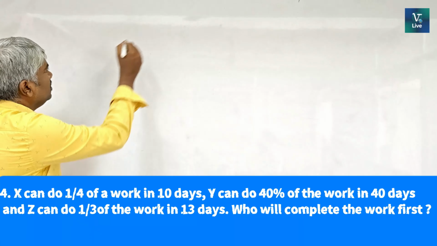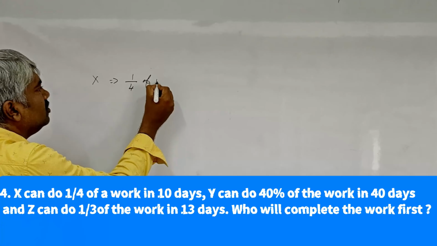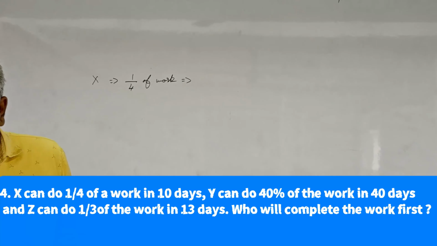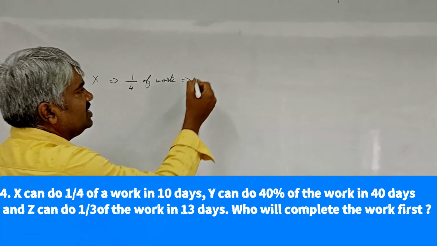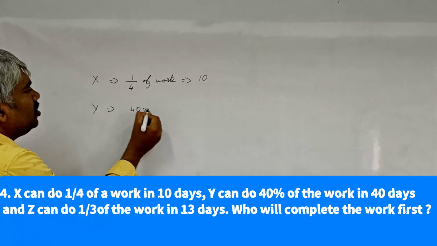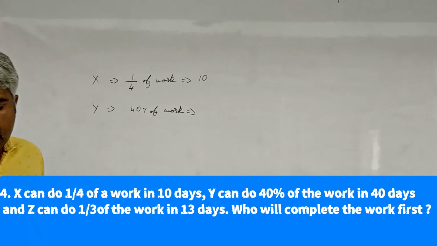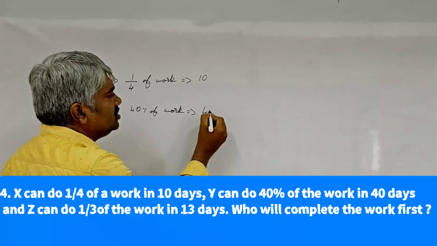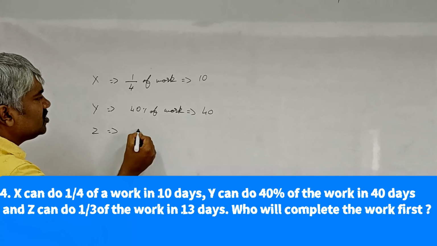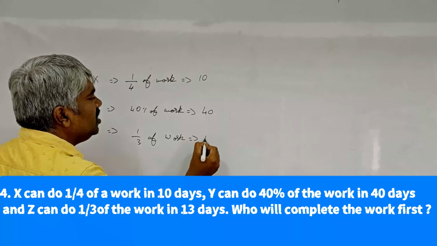X does 1 by 4th of the work in how many days? Which is 10 days. Y completes 40% of the work in 40 days. Z completes one third of the work in 13 days.